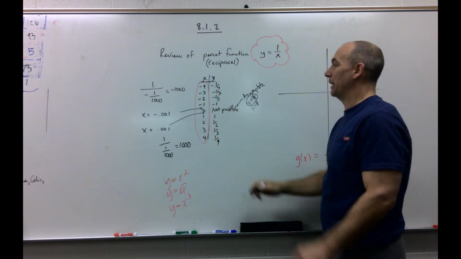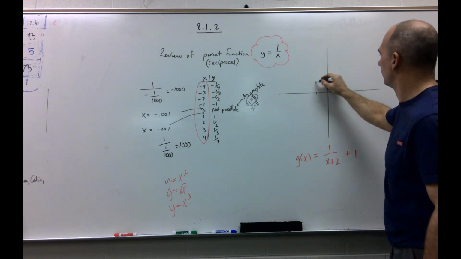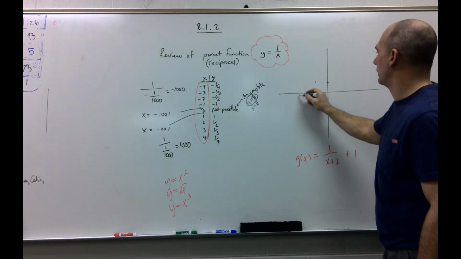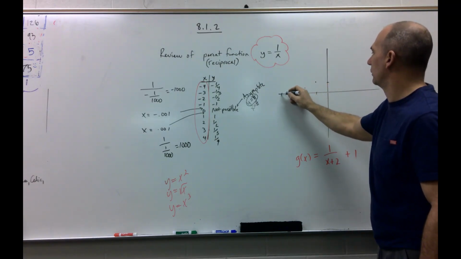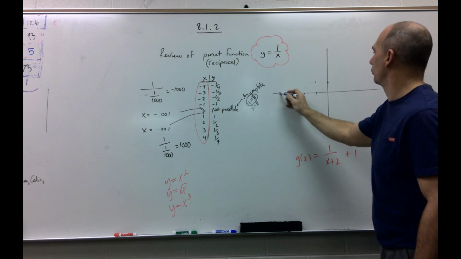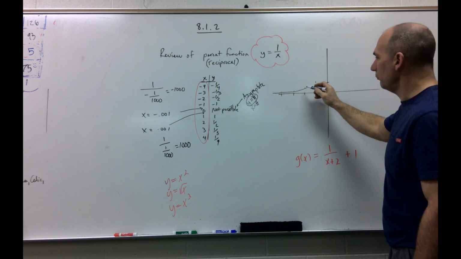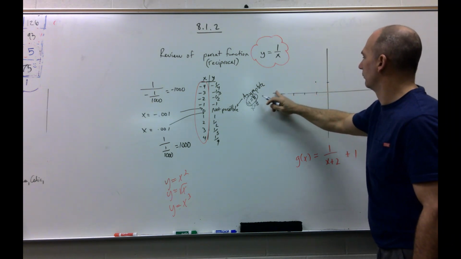Now, if I only plotted those points, negative 1, 1, and then negative 2, 1/2, negative 3, 1/3, negative 4, 1/4. You can kind of see where it's trying to go, and, oops, okay.